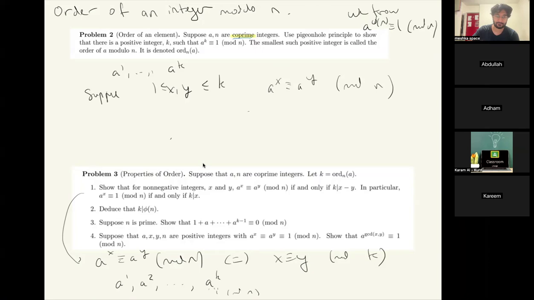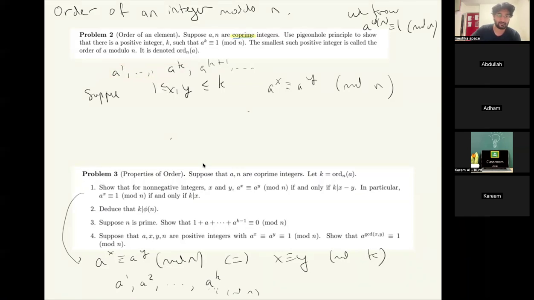But we should prove this for X and Y between 1 and K. What about the general case? For the general case, it's this argument that Abdullah gave, that it repeats. We have the sequence of powers, and we know it repeats every K. So the only thing that could go wrong is if in this one period there are repeated terms.